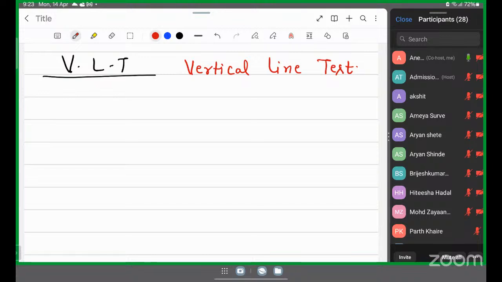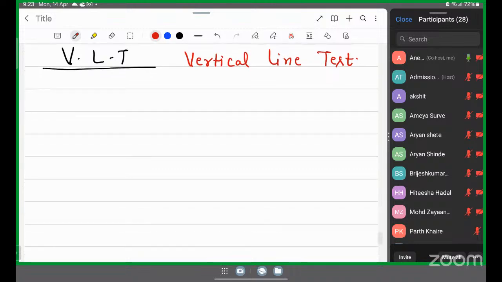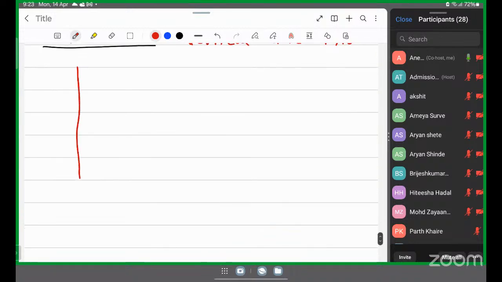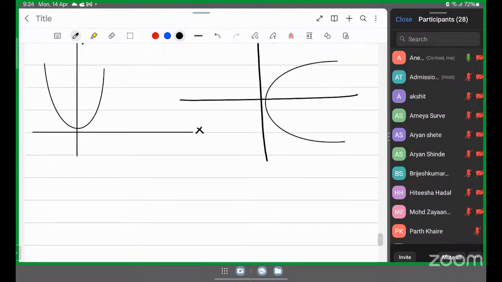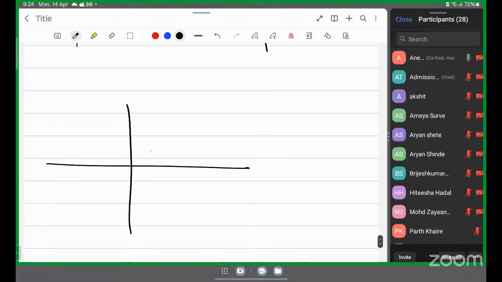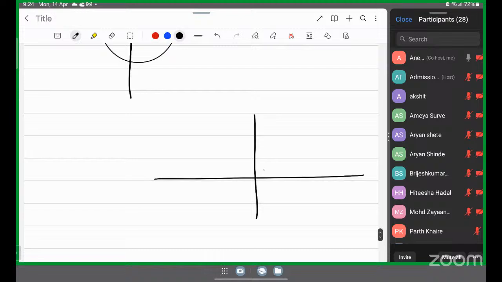Let's take some examples to understand it. Let's say we have certain curves like this. This is the x-axis, y-axis. This is a curve. This is a curve. This is a curve. This is a curve.